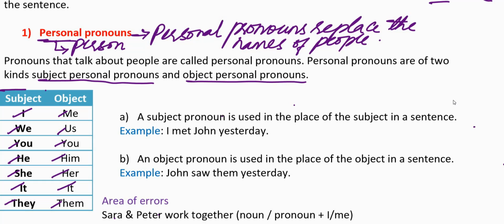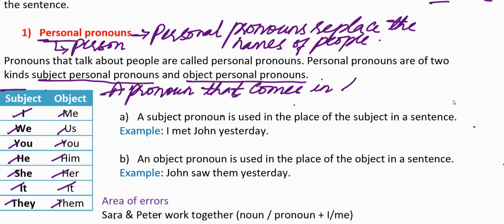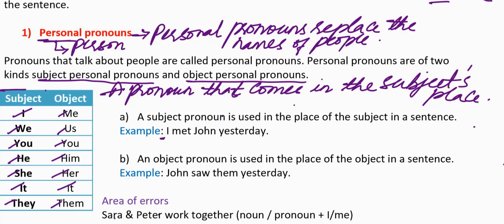Now what is a subject pronoun and what is an object pronoun? A subject pronoun is a pronoun that comes in the subject's place. If you look at the sentence here, I met John yesterday. So what is the subject pronoun here? I is the subject pronoun because I is the subject of the verb met. Who met John yesterday?